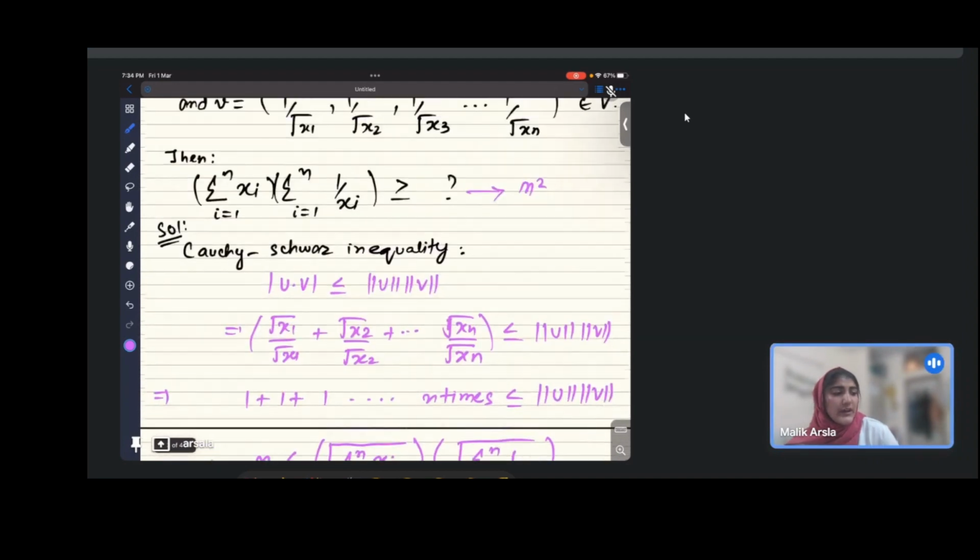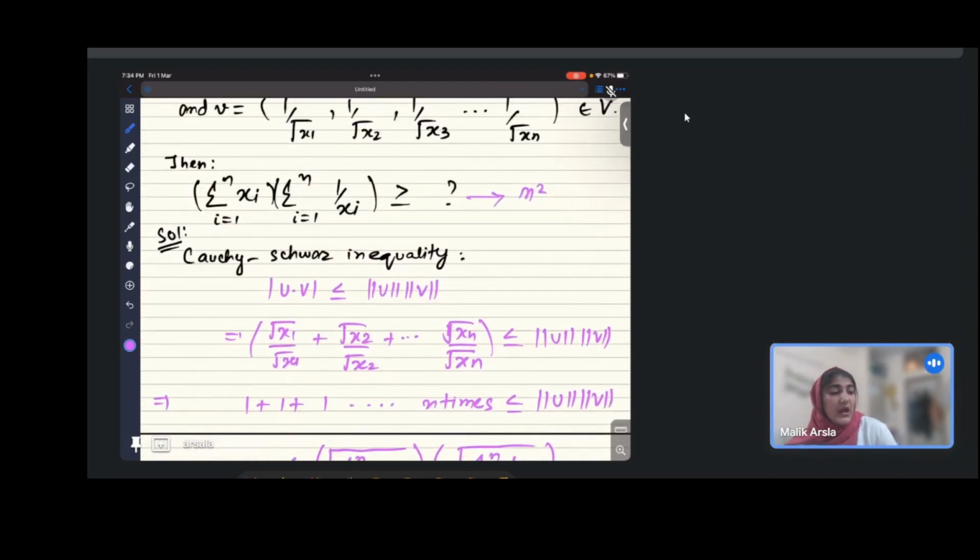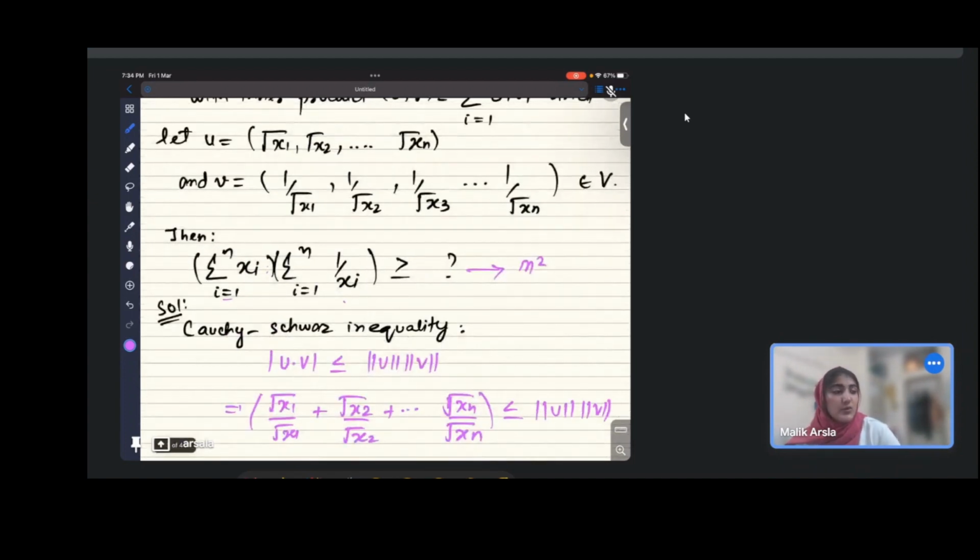While doing any question, you first have to look at what the question is asking. By inspection, you would understand that this thing is nothing but the norm of u, and this thing is nothing but the norm of v. Then you can understand it is talking about norms, and it's also talking about the inner product, which we can clearly observe is equal to n.